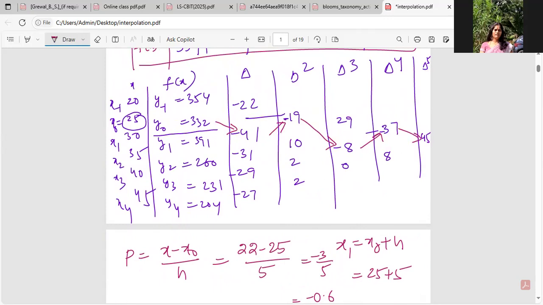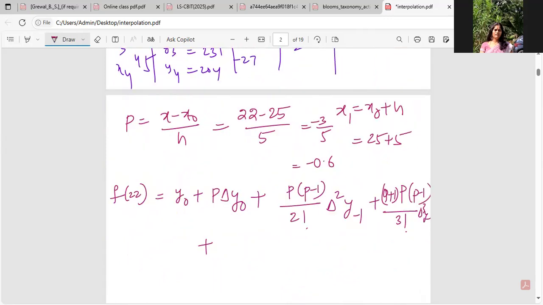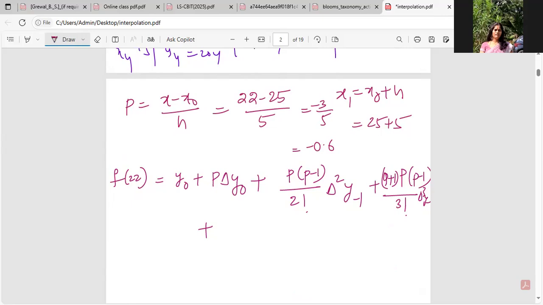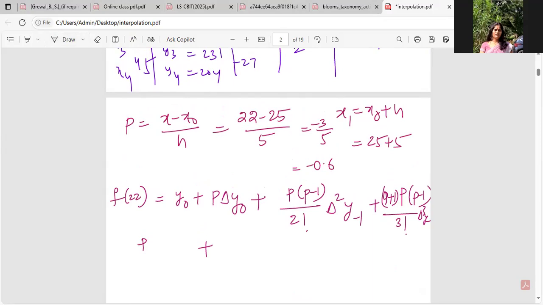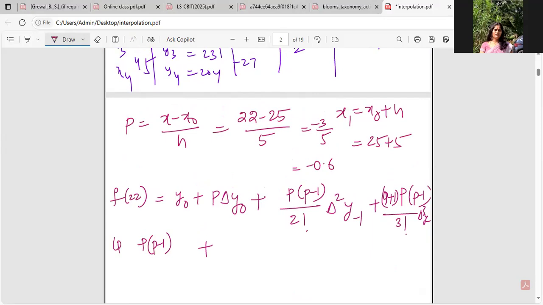Y0 is of course there. Delta y0, 1, 2, 3, 4, 5. So 5 differences I am supposed to be writing. Okay. Yeah. So it would be P into one step forward, one step forward, one step backward, and one step forward, by 4 factorial.